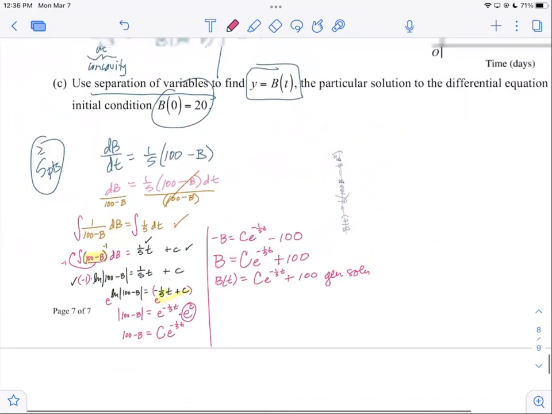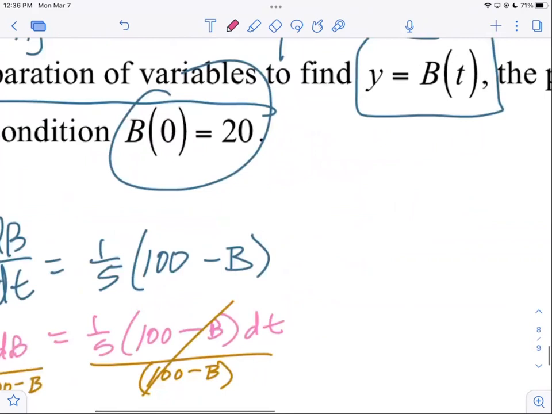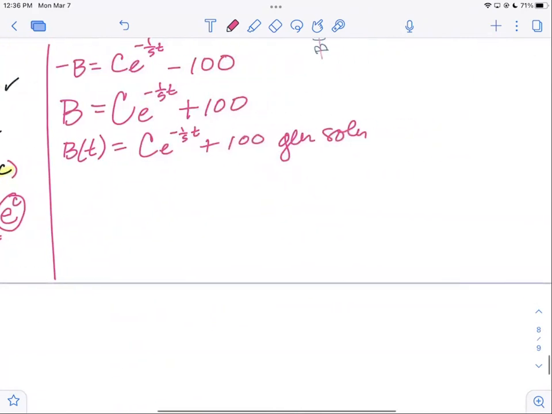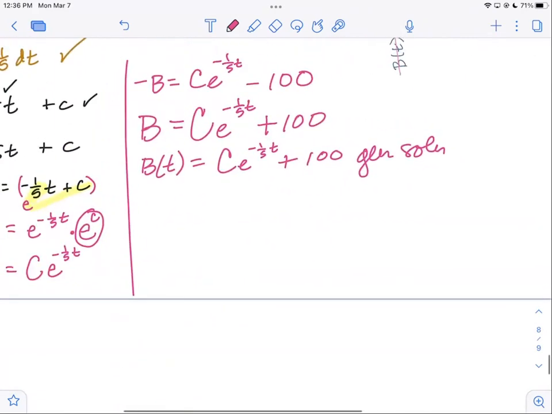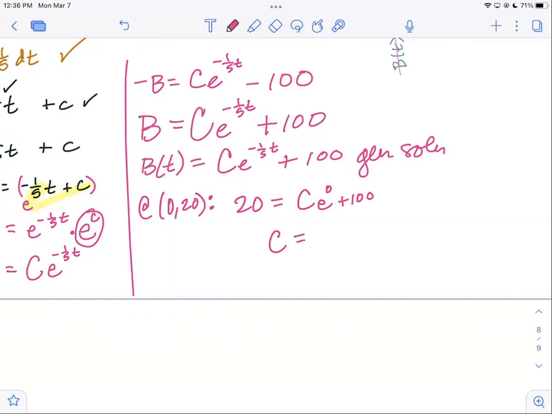All right. Now we need to find the initial condition using the point 0, 20. Notation, notation, notation, right? So we'll say at 0, 20, you get 20 equals C times e to the 0th plus 100. So that's C, right? So if I subtract 100, what's 20 minus 100? -80.